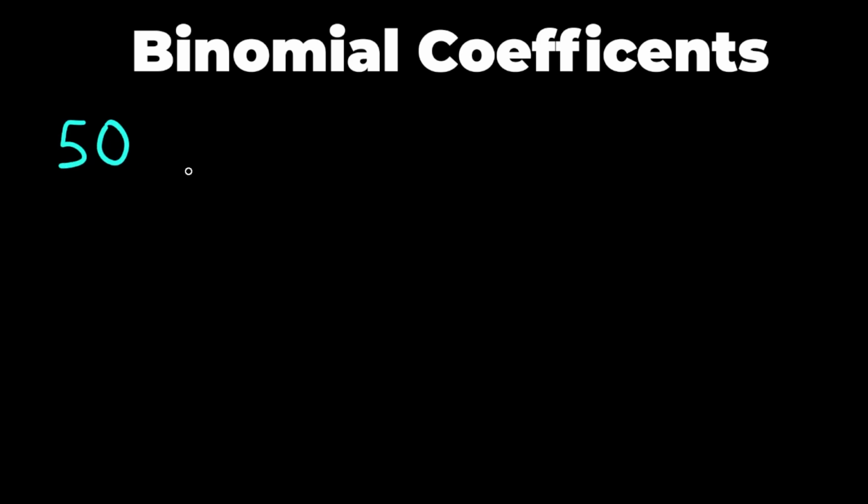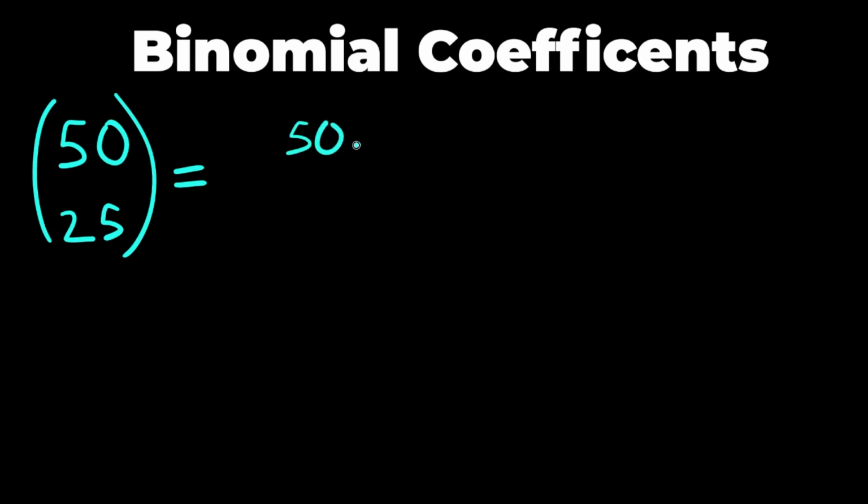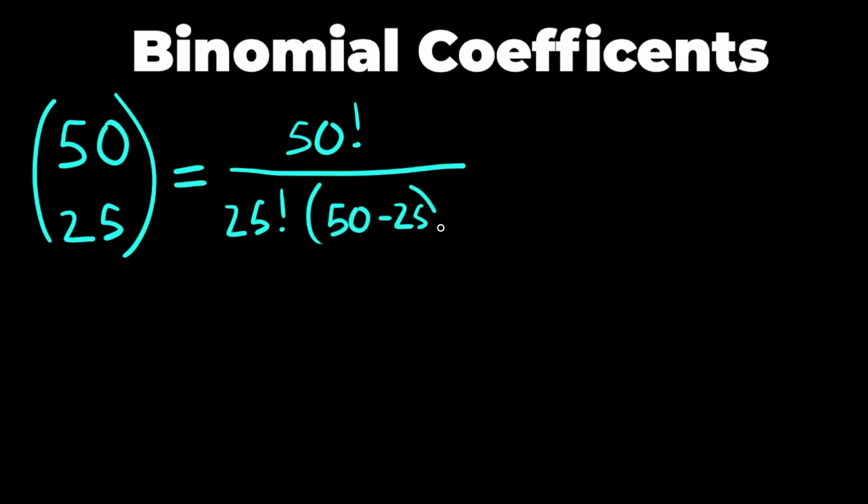If we wanted to divide the class into two, then we would have to choose 25 of the 50 people. Using binomial coefficients, we can calculate how many ways there would be to get a group of 25 out of 50. So, 50 factorial over 25 factorial, over 50 minus 25 factorial.